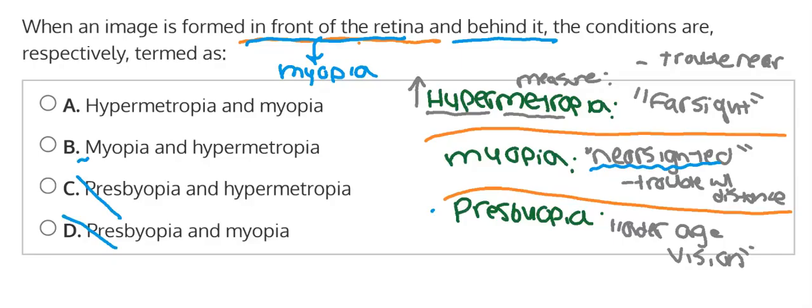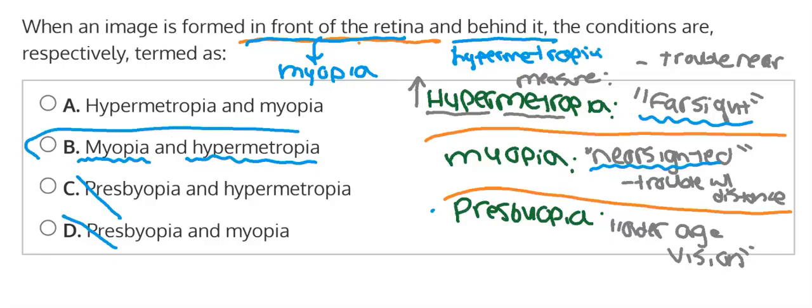And therefore, option B starts with myopia and ends with hypermetropia, because for hypermetropia, it makes sense for the image to be behind it because this has to do with far-sighted vision being better. So hypermetropia here, and therefore option B would be the best choice for this question.